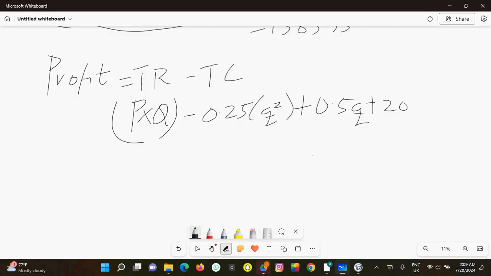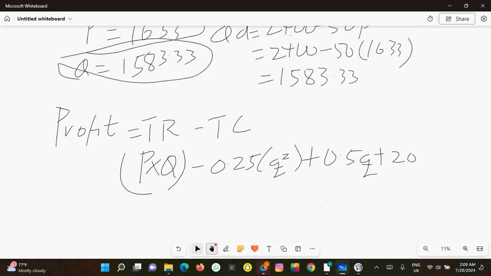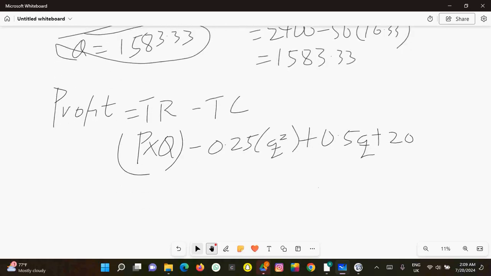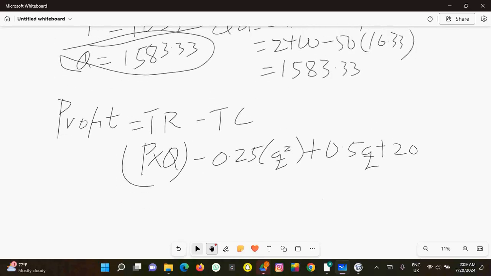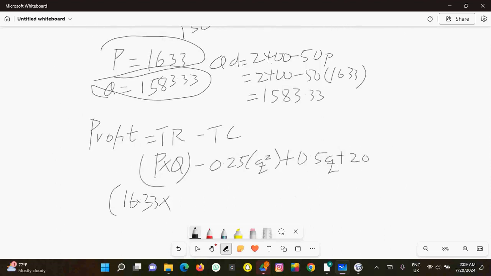So now we put in the price and quantity, into the bracket 16.33 times 158.33.